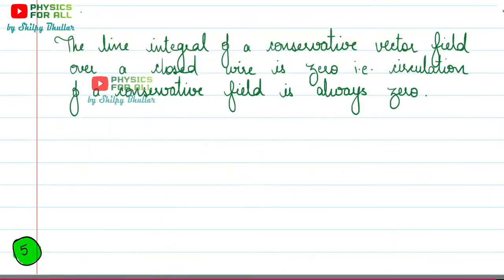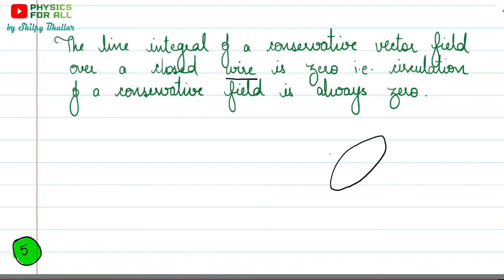So this statement is also important, that the line integral of a conservative field over a closed wire. And see, closed wire means that we are considering a line integral. We are not considering any surface. Whenever we draw something like this, of course it is enclosing some surface, but if it encloses, then we would show it with some highlighted region that we are considering a surface.